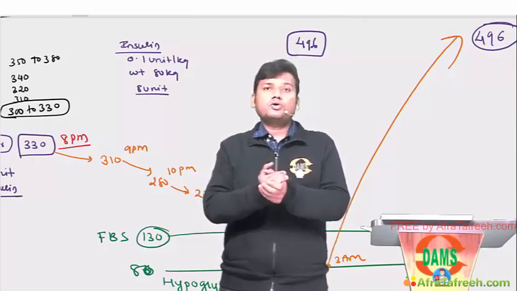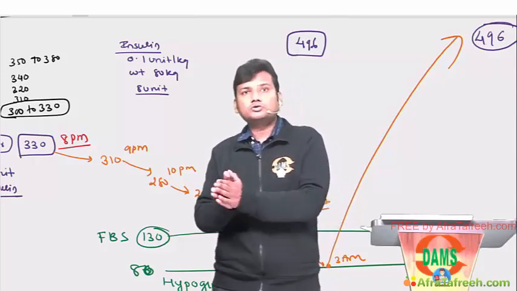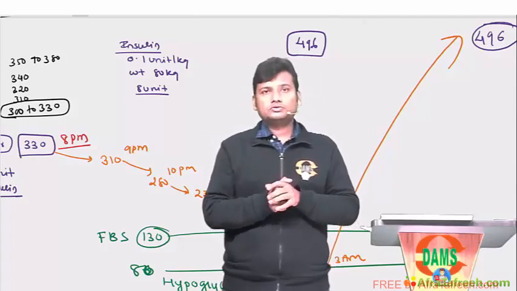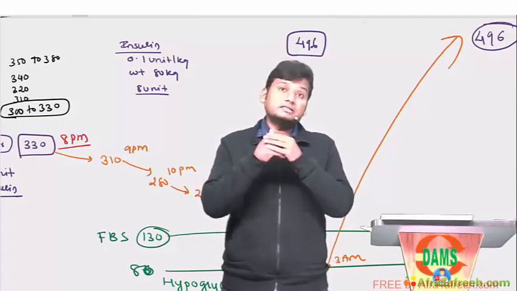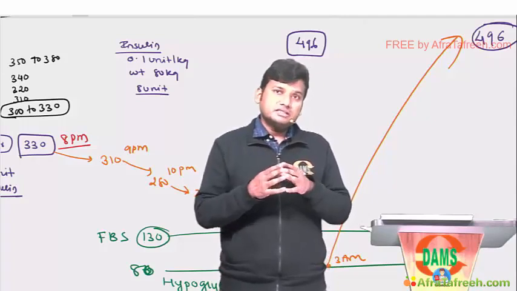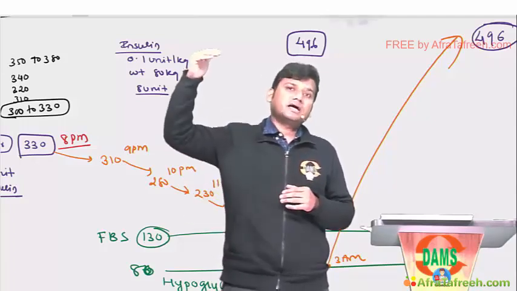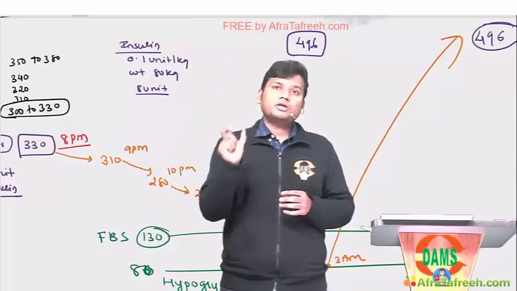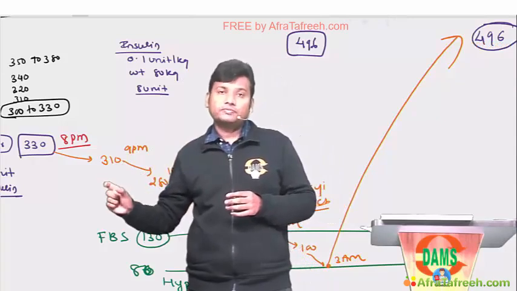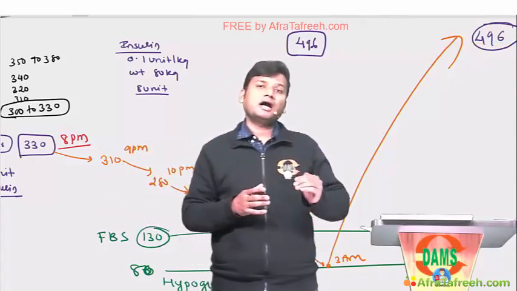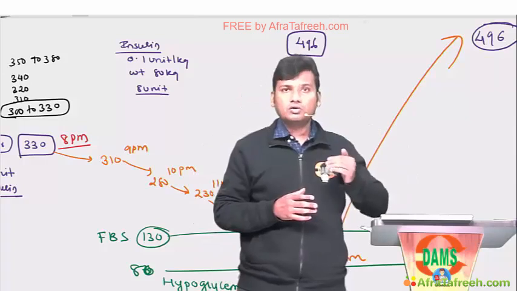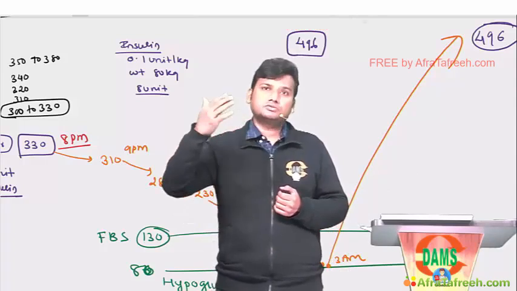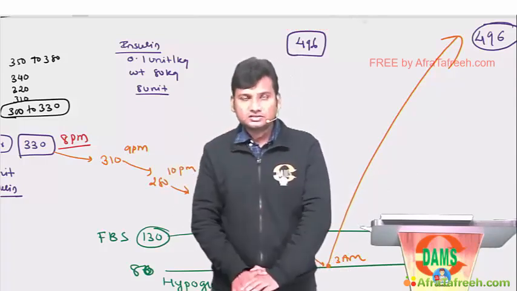This dose is not causing hypoglycemia in most of the patients, so we give 0.1 unit per kg to our patients. But in some patients, sensitivity to insulin is very high, so they will give a very good response to insulin. 0.1 unit per kg will be a very high dose for that patient, because that patient has high sensitivity to insulin or very low resistance to insulin.